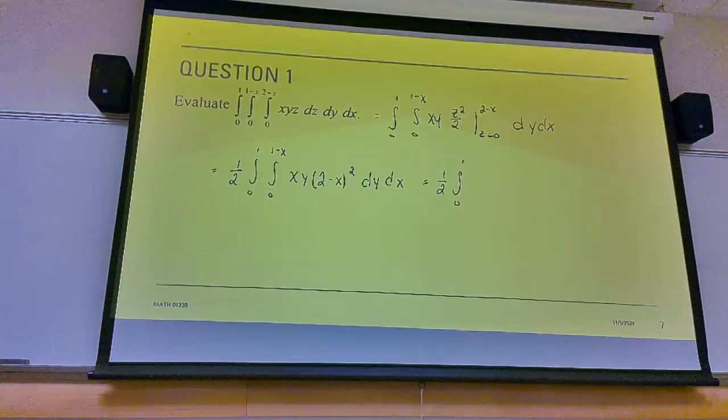What is that antiderivative with respect to y? Y squared over 2 times x times, in parentheses, 2 minus x squared.